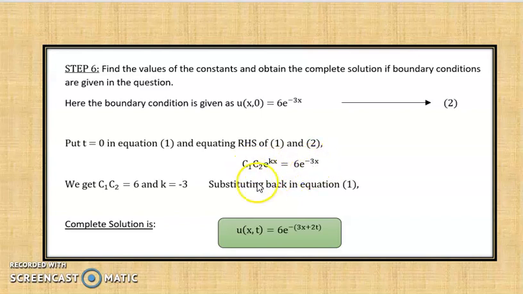Then equating both sides we get c1 c2 equal to 6 and k equal to minus 3. Then substituting these values, that is the values of c1 c2 and k in equation 1, we get the complete solution as u of x t equal to 6 e raised to minus of (3x plus 2t).